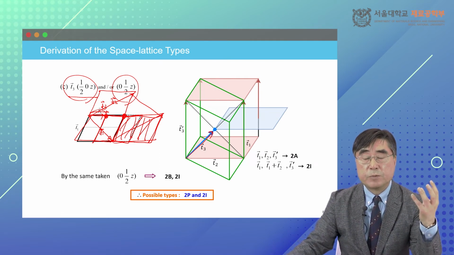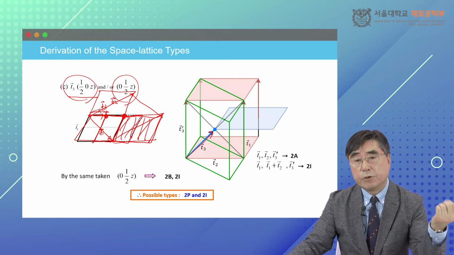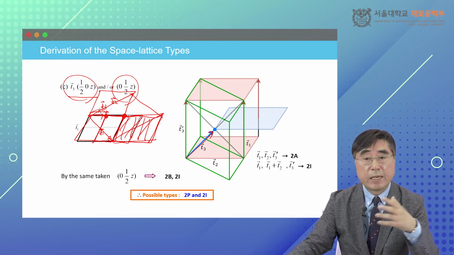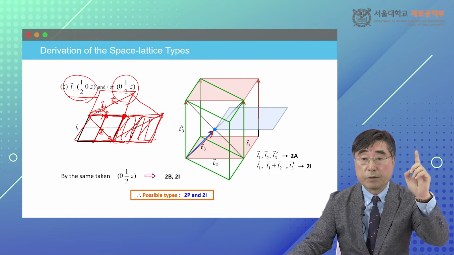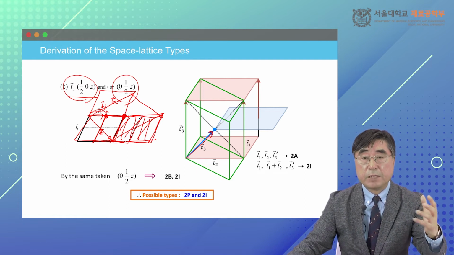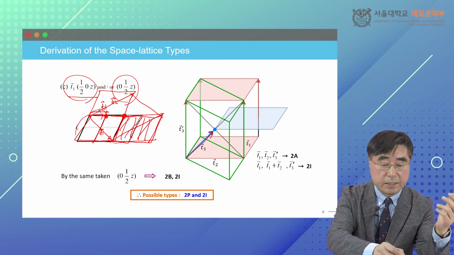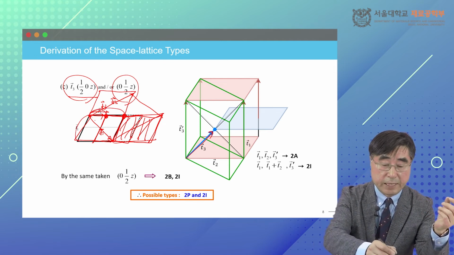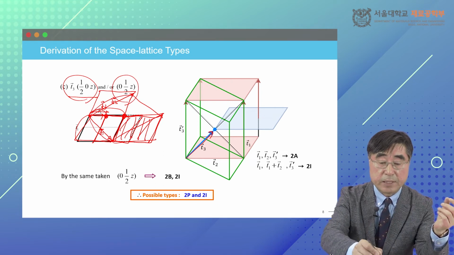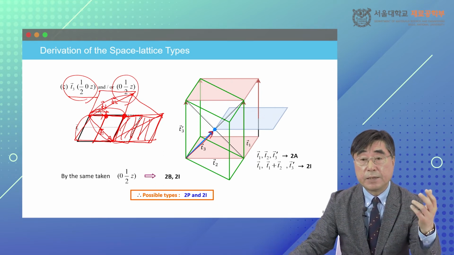See, in the case of a monoclinic crystal system, T1 vector and T2 vector can have any arbitrary numbers. T3 vector is only perpendicular. So there is no way that I can say that this is T1 vector and this is T2 vector. That's different when I define T1 vector like this and T2 vector like this. Basically, that's the same thing.